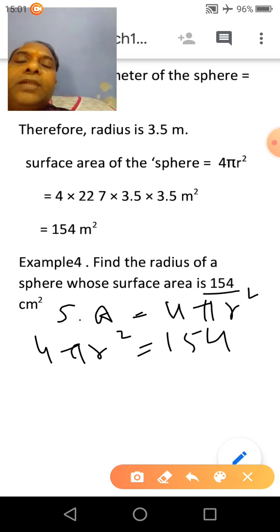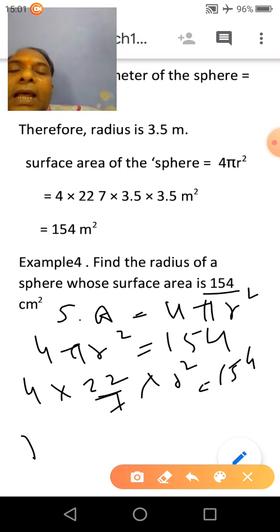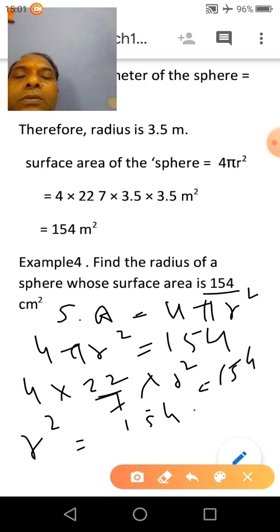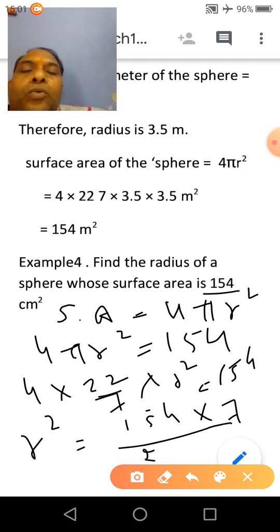Now put the value of pi, 22 by 7 into r square is equal to 154. Then r square will be equal to 154 into 7 upon 4 into 22.